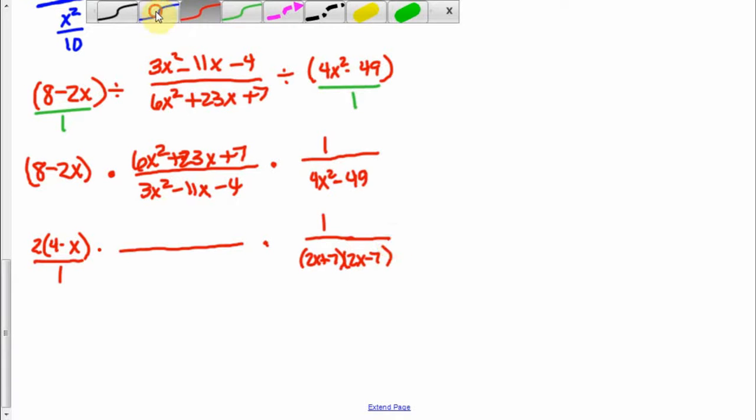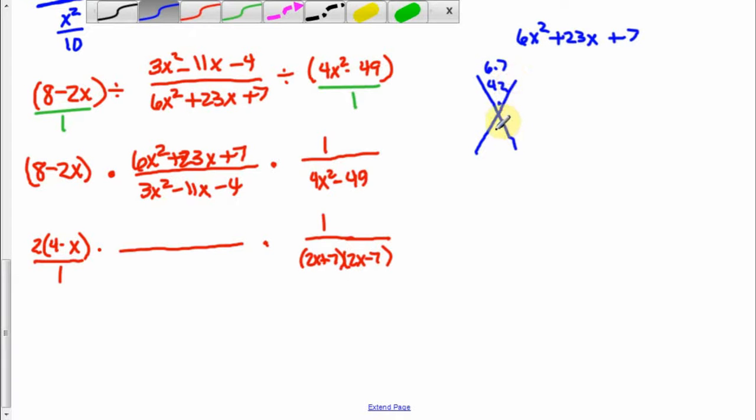Okay, I'm going to use a different color, and I'm going to come over here and factor 6x squared plus 23x plus 7 using the method I taught you with the x. This is a hard x problem because there's a coefficient of 6 on the x squared term. So in the numerator, I am looking for things that multiply to be whatever a times c is. 6 times 7, that's 42.